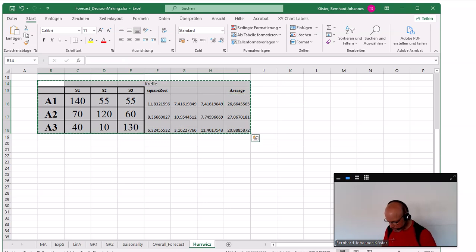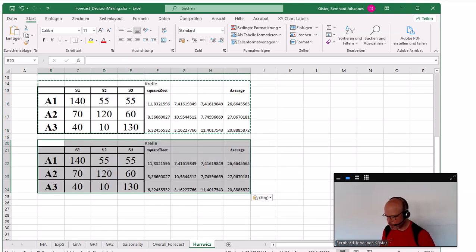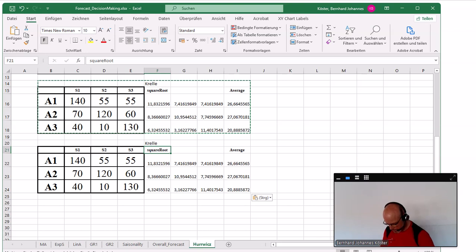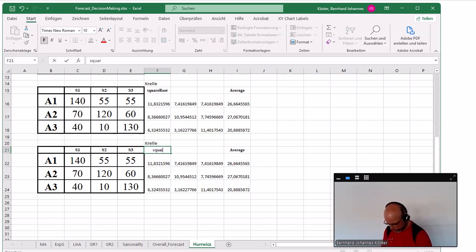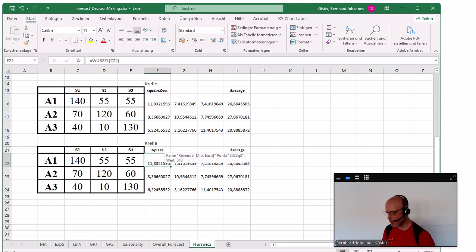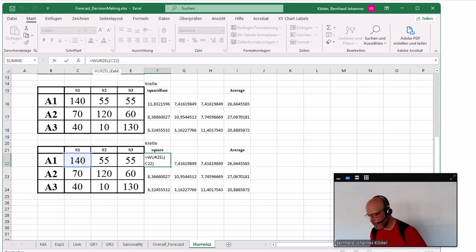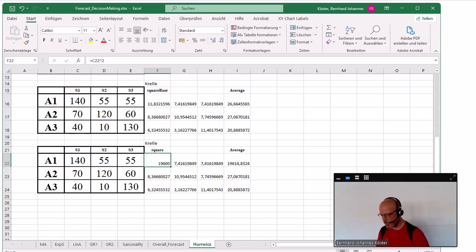And since we have talked about the properties of squaring and taking the square root, what would you think, or what is the possible outcome which is now best using the square?